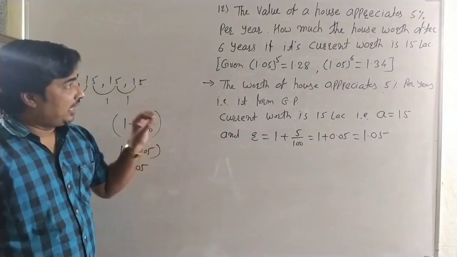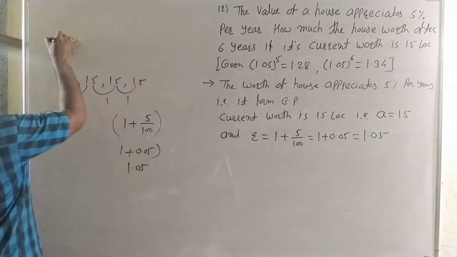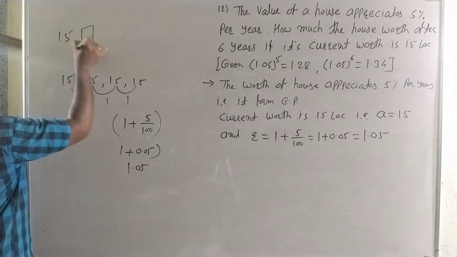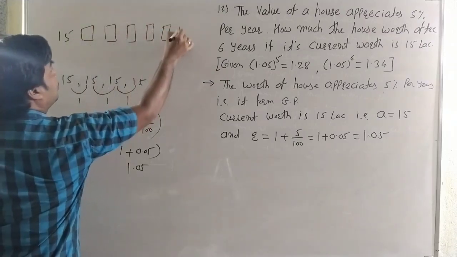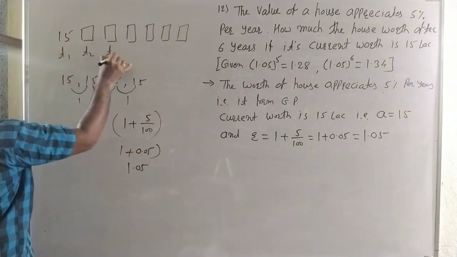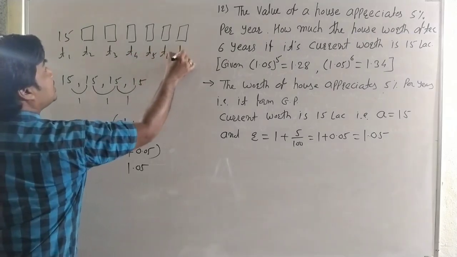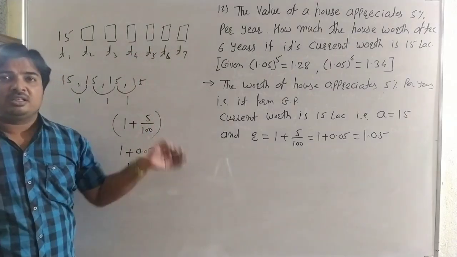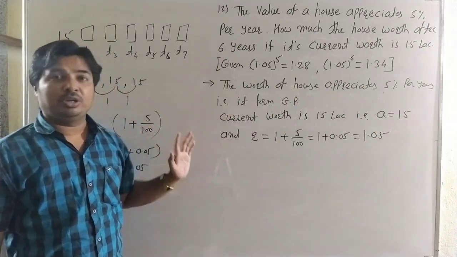And now we want to find the worth after 6 years. First term is 15, then first year, second, third, fourth, fifth, and sixth. That means term 1, term 2, term 3, term 4, term 5, term 6, and term 7. After 6 years, we want to find the 7th term of this geometric progression.